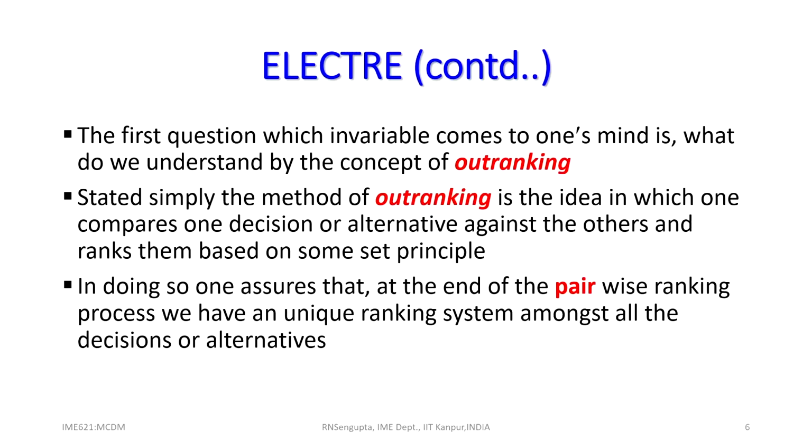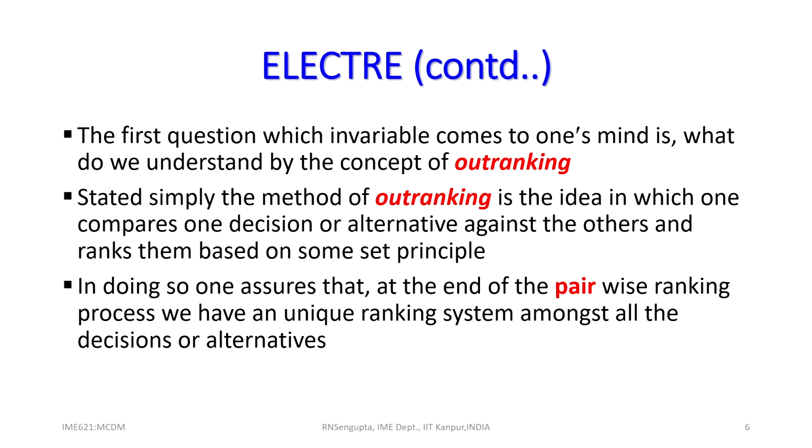So, we will consider outranking in this concept, trying to divide them into positive and negative benefits. Stated simply, the method of outranking is the idea in which one compares one of the alternatives against the other based on some set principles.